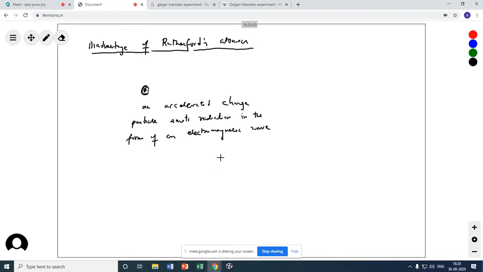And with the emission of radiation, its energy should drop.